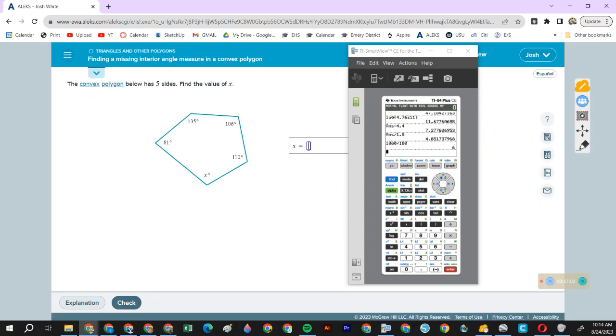All right. This is a pentagon. How many triangles does a pentagon have? 3. So 3 times 180 is 540. Subtract all the known sides, and you end up with the value of x.